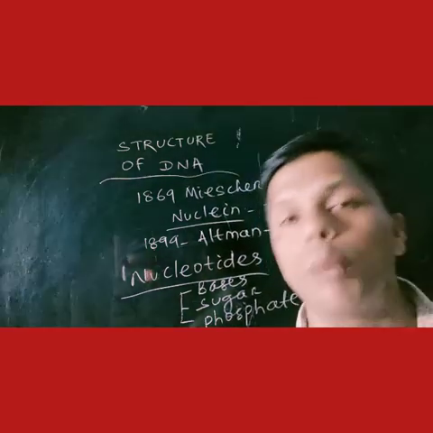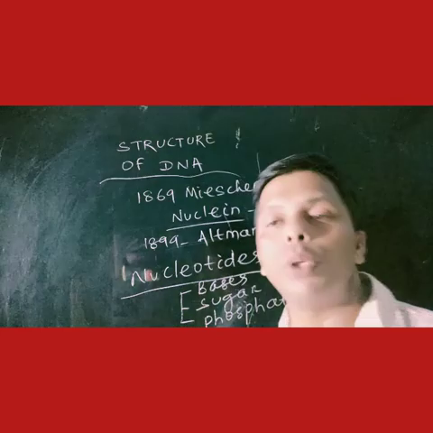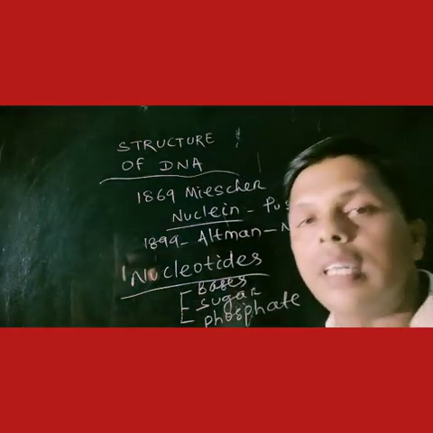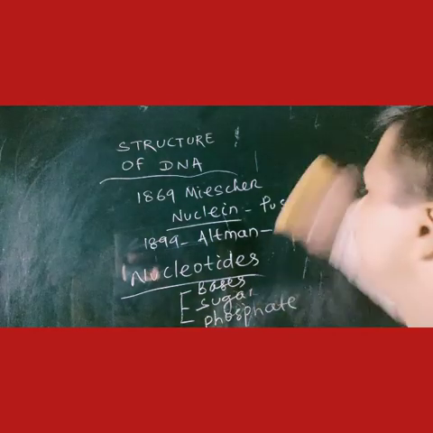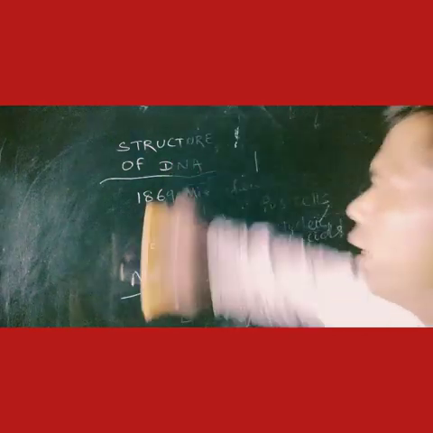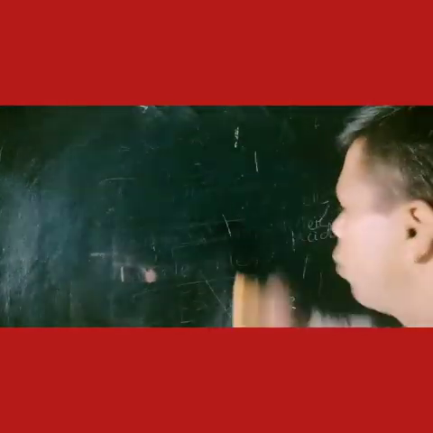First of all, we come to the chemical composition of these nucleotides. Then we will discuss the detailed structure of DNA. What are the nucleotides? The nucleotides are macromolecules formed of many monomers.